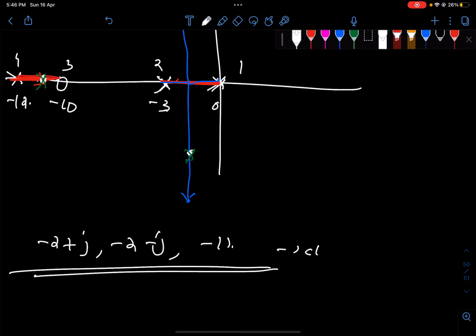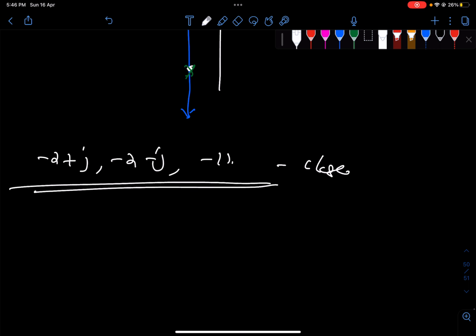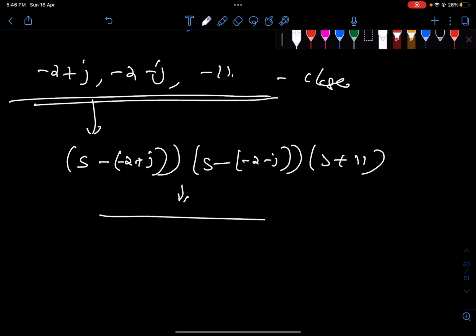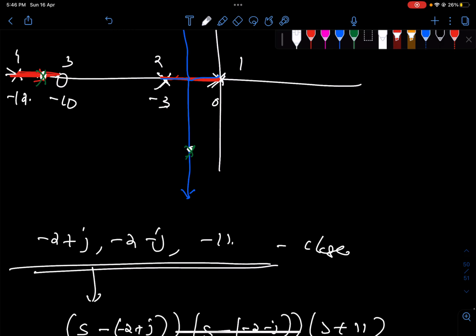These are the closed loop poles. And how to proceed? From poles, you can find out the characteristic equation: s minus (minus 2 plus j) multiplied by s minus (minus 2 minus j) and s minus (minus 11). You will get a new characteristic equation.